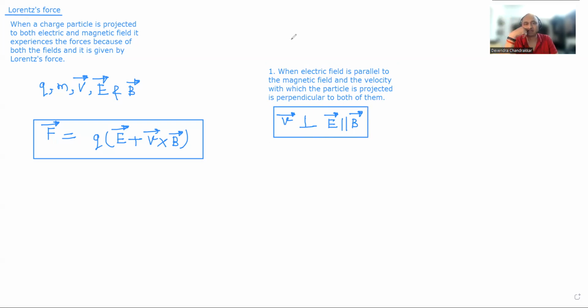This is the first case. And the second case we will be discussing today is when electric field and magnetic field are perpendicular to each other and the charge is released at rest.